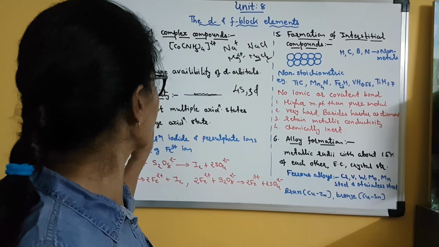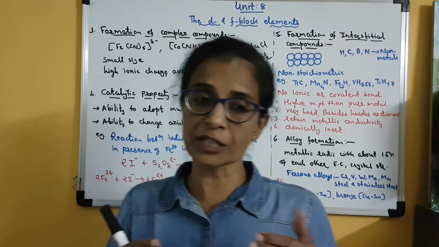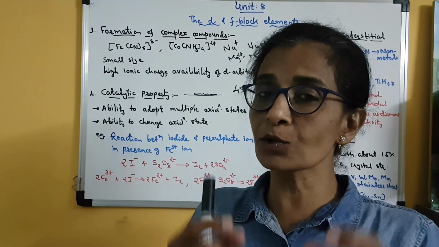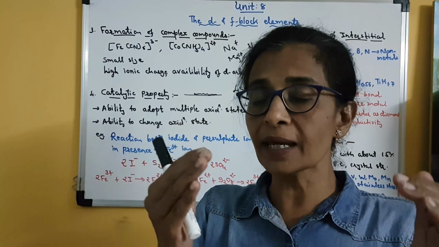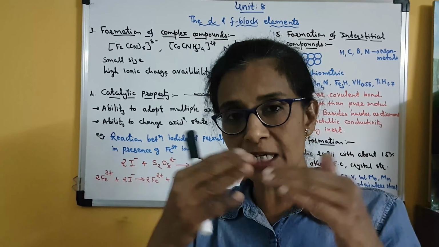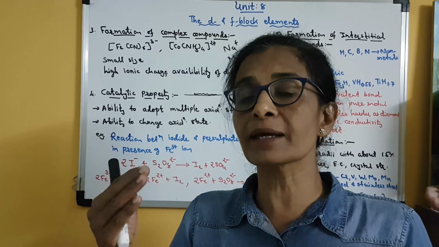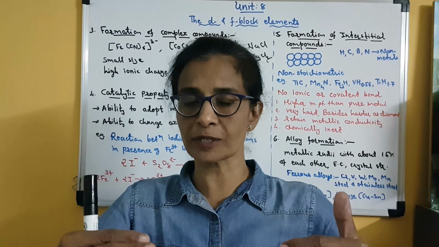So here, in the catalytic activity of the transition elements, the first thing is they don't have a smooth surface. Because of the rough surface, they have protruded heel-like structures, and on these heels, the electrons which are present are very reactive. So they can easily attract the reactant molecules. Clear?